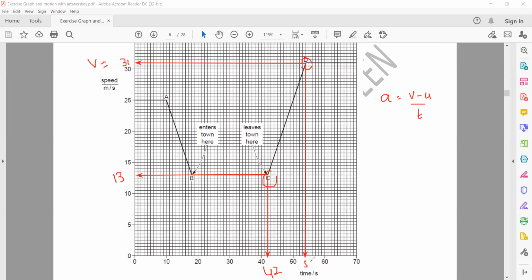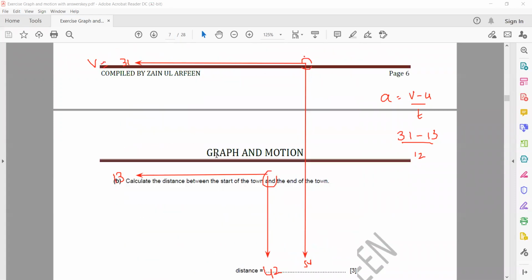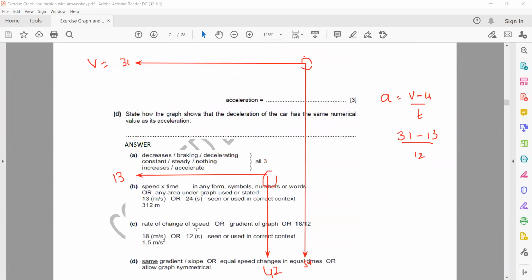So this is 54. So the time interval is 12 seconds. The final speed is 31, the initial speed is 13, and the time interval is 12. So 31 minus 13 divided by 12, you will get the acceleration.